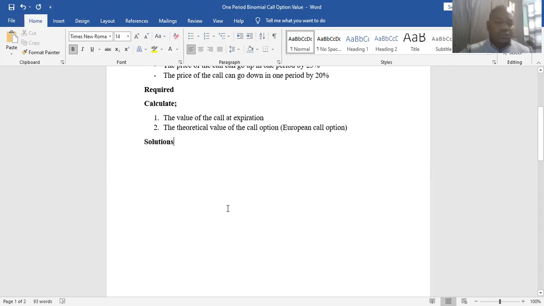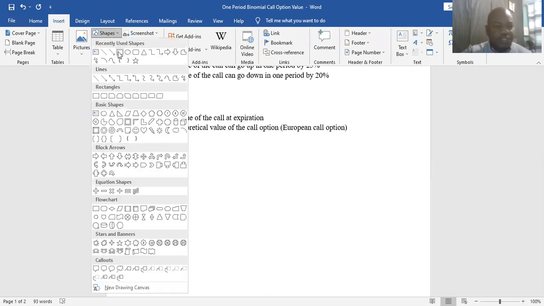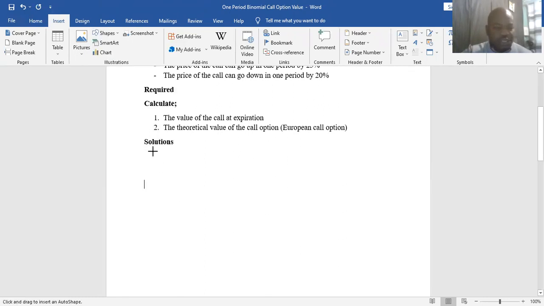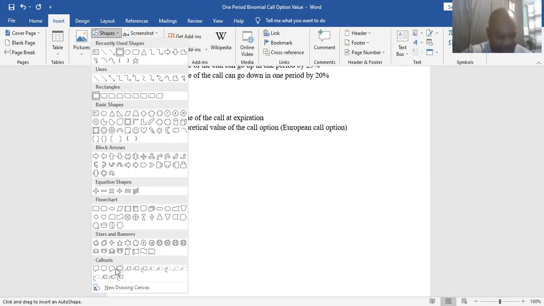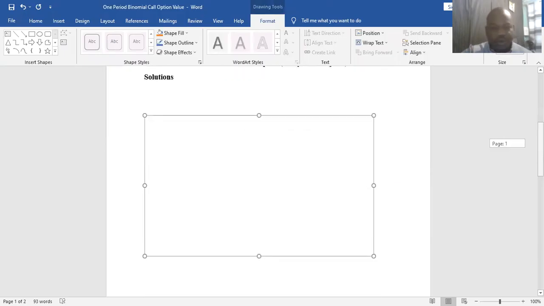Depending on the examiner, some examiners like it when you draw a diagram to indicate the upward swing and the downward swing. So I will do likewise to indicate how these can be calculated. Let me draw a diagram quickly. I have an upward and downward swing.